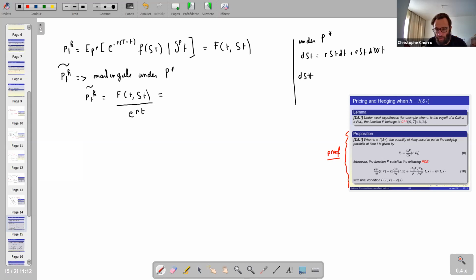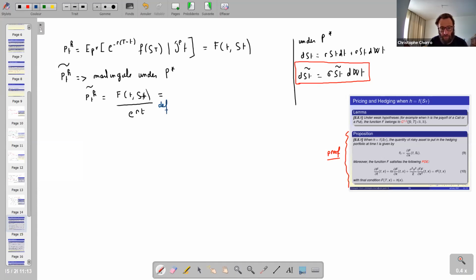And from the integration by parts formula, dS_T tilde, by definition of P star as an equivalent martingale measure, is a martingale, and I obtain this representation for this martingale. So I have a very easy stochastic differential equation for this one. The one for S_T is a little bit more complicated; the one for S_T tilde is simpler. That's why, instead of a function of S_T, we are going to write this as a function of S_T tilde.